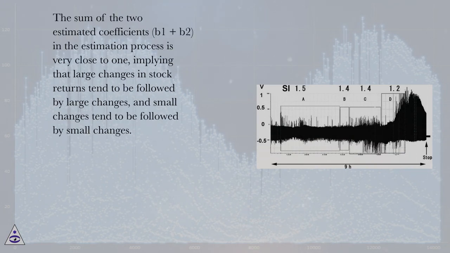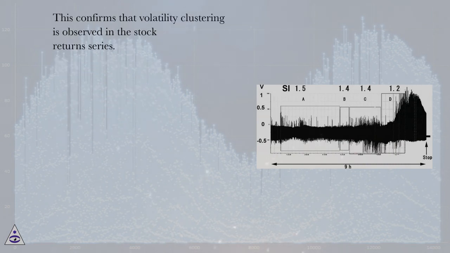The sum of the two estimated coefficients, B1 plus B2, is very close to 1, implying that large changes in stock returns tend to be followed by large changes, and small changes by small changes. This confirms that volatility clustering is observed in the stock return series.